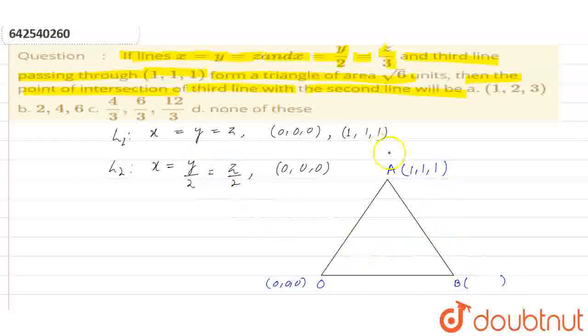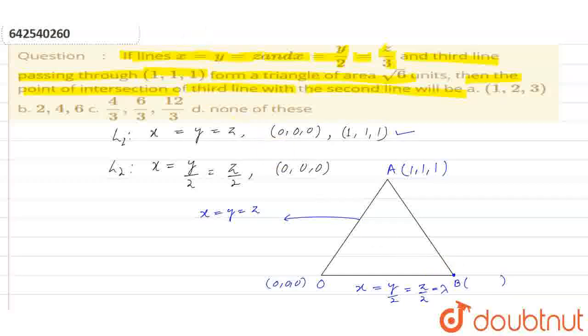Now, this line L1 is passing through both of these points, so this line is basically L1, that is x = y = z. Now this line is passing through (0, 0, 0), so its equation is x = y/2 = z/2. For a particular lambda, we'll get this point.